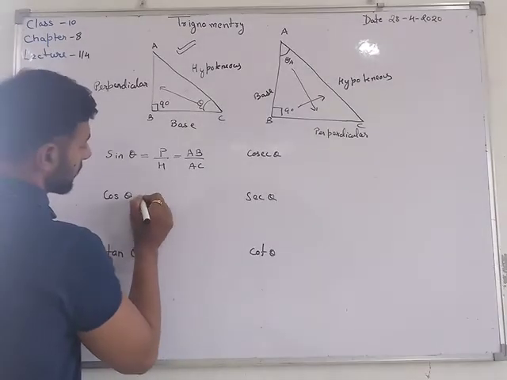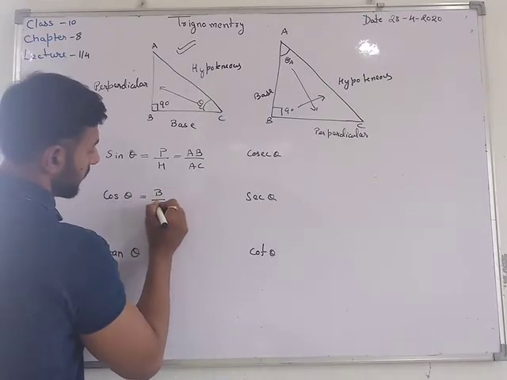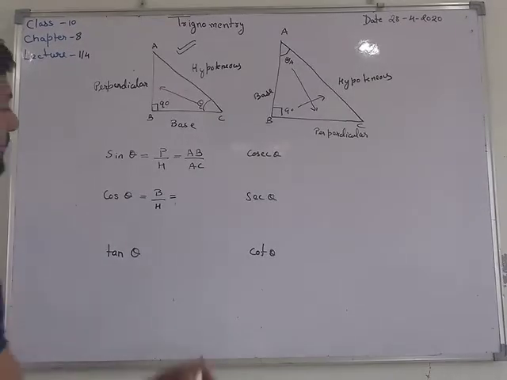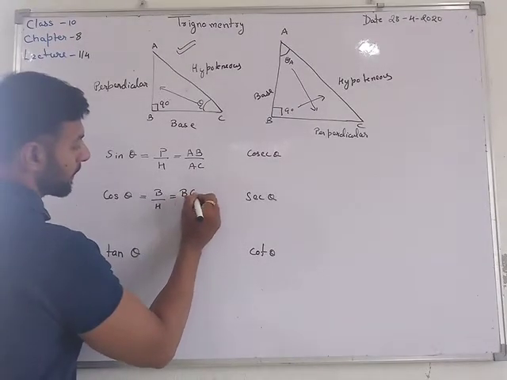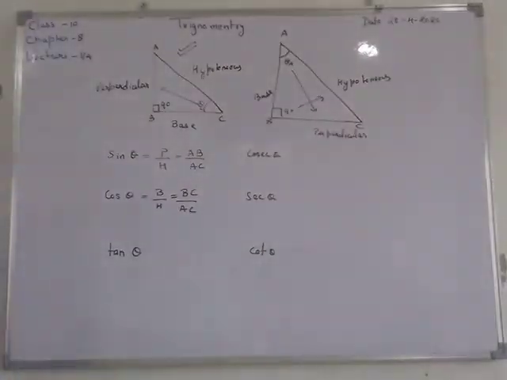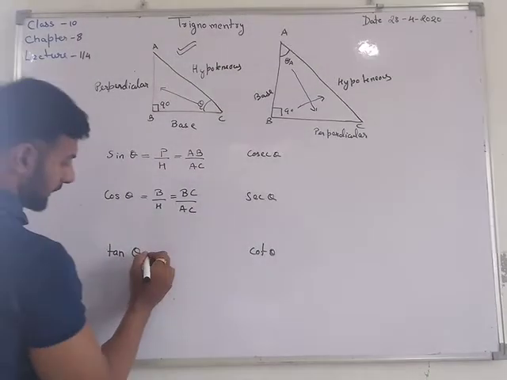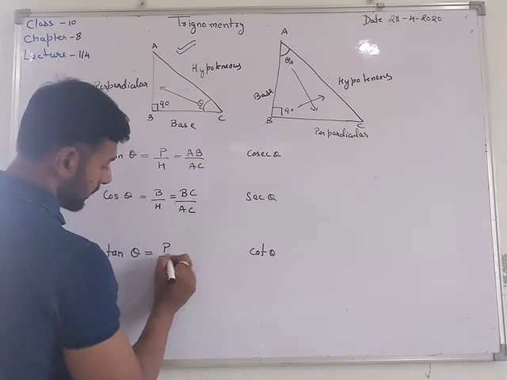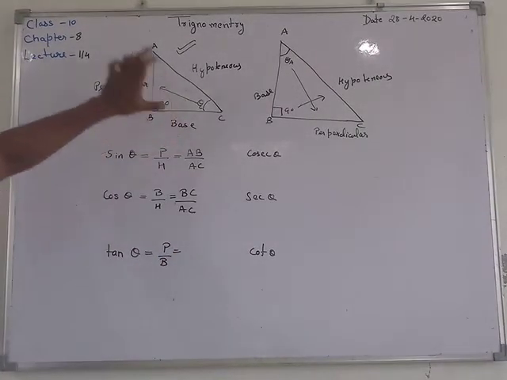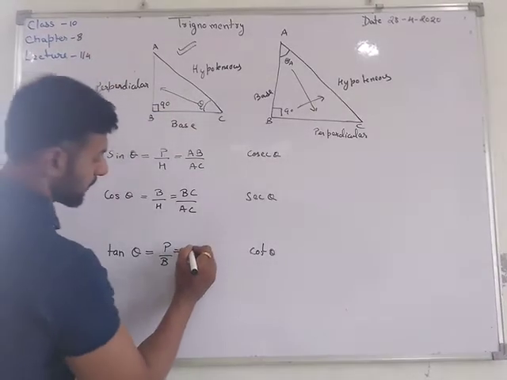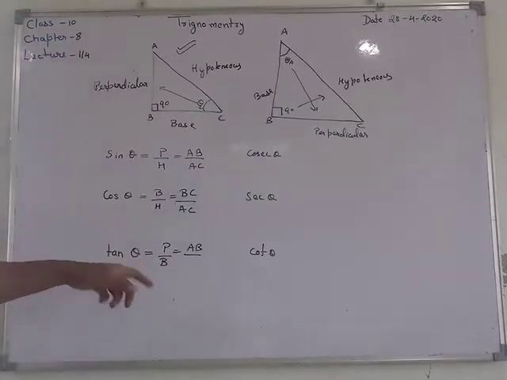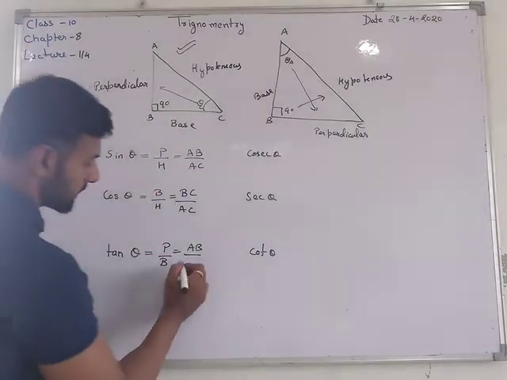Cos theta will be base upon hypotenuse. Base is BC upon hypotenuse is AC. Now tan theta, perpendicular upon base. Perpendicular is AB upon base. Base is BC.